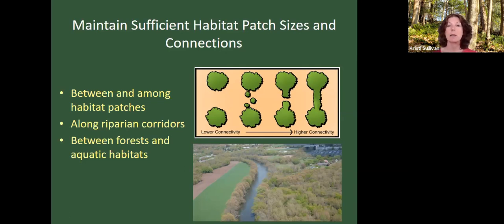The next picture to the right has a few little patches in between that you might refer to as stepping stones. So if you were a bird trying to go from one section of forest to another, you'd have those little stepping stones as stopover points where you could land and feed. Same if you were a mammal moving from one forest area to another, you'd have a little bit of cover along the way.